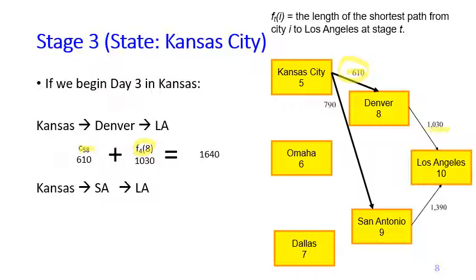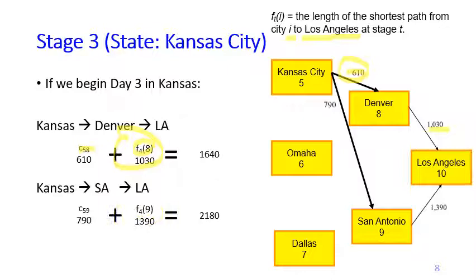You can check this on the previous two slides. F48 is the length of the shortest path from city number 8 to Los Angeles at stage 4. Why do we need this plus here? Because if you only use the distance of 610, it means you have only reached Denver. You have not reached Los Angeles yet.